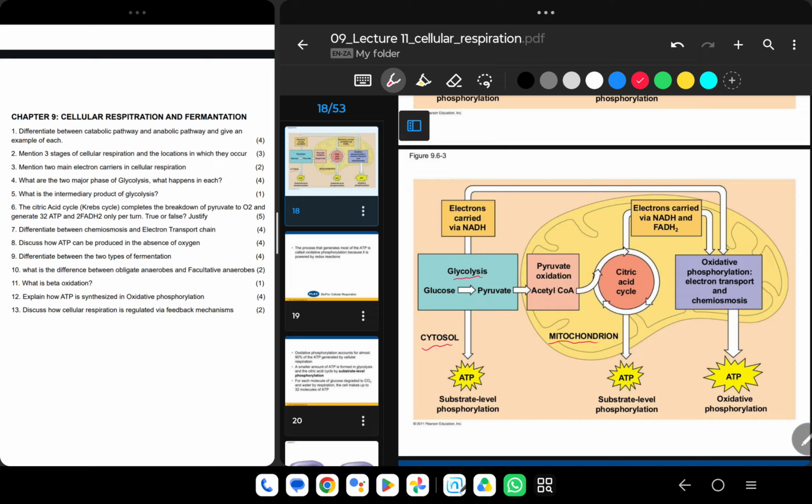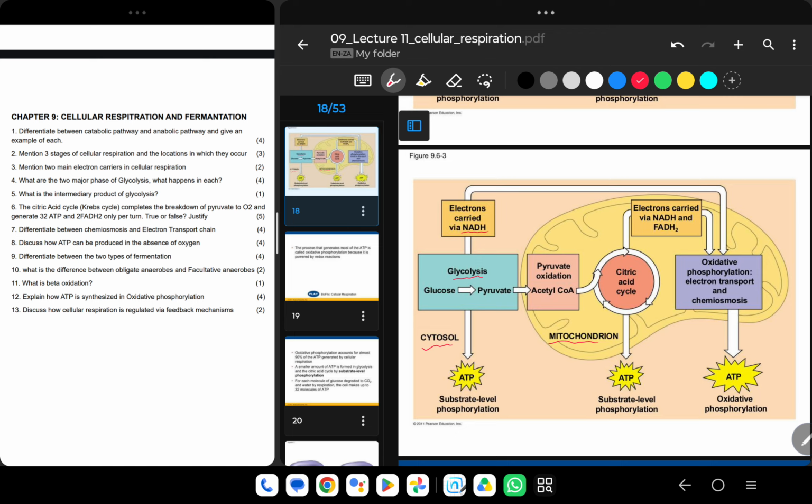It forms ATP at substrate level phosphorylation. The electrons absorbed through the breakdown of this glucose get carried away by NADH, and also by FADH2.